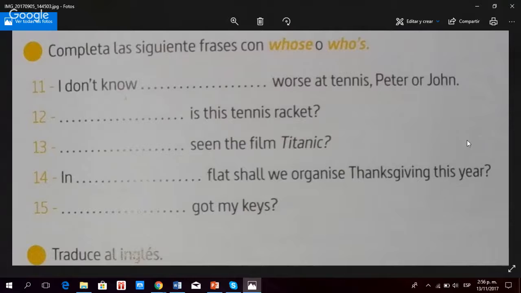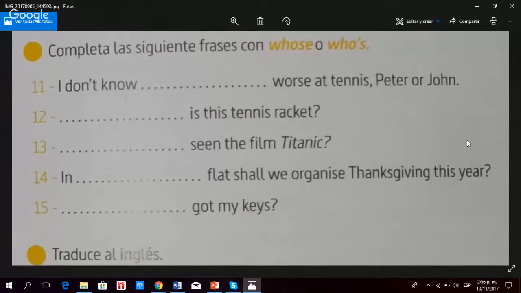Who's? Whose? The same pronunciation. Do you know the contraction form of who has? Who's seen the film Titanic? Who's seen the film Titanic?